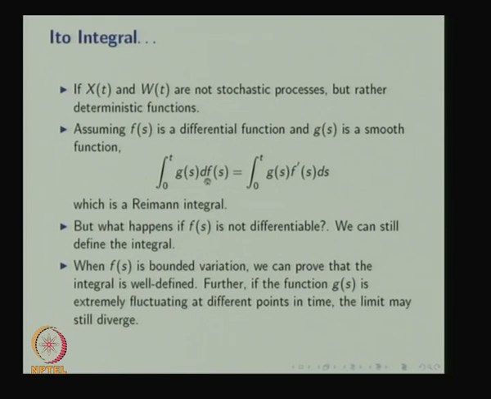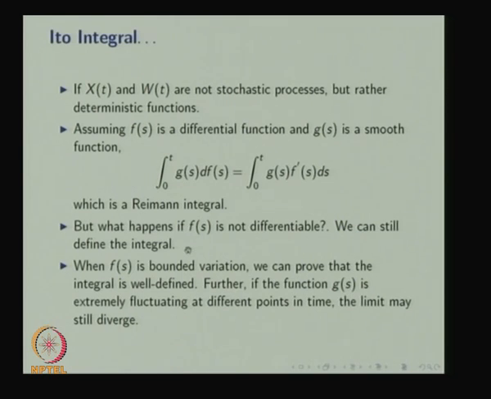Since it is a differentiable function, you can write df(s) as f'(s) ds, which is nothing but the Riemann integral. So you can write down this integration as g(s) df(s), that is nothing but the Riemann integral.